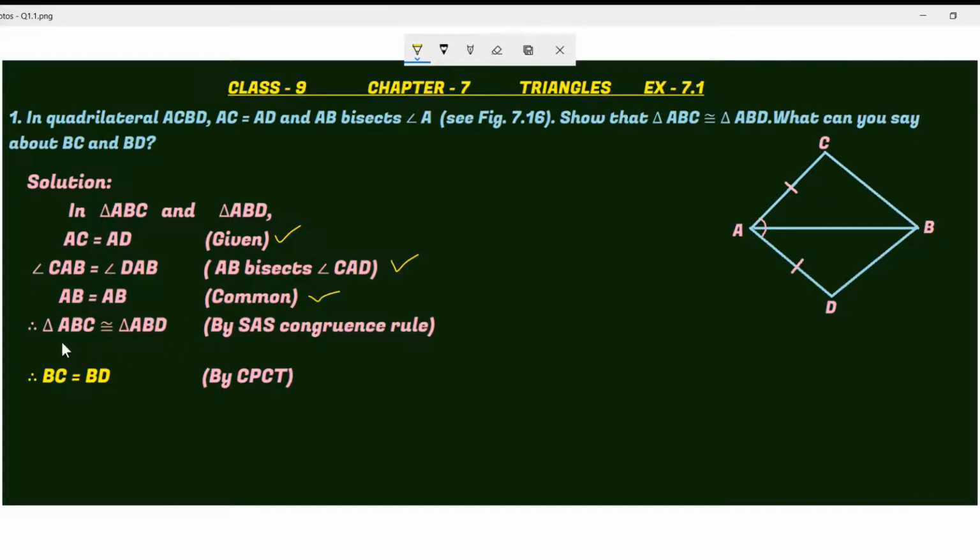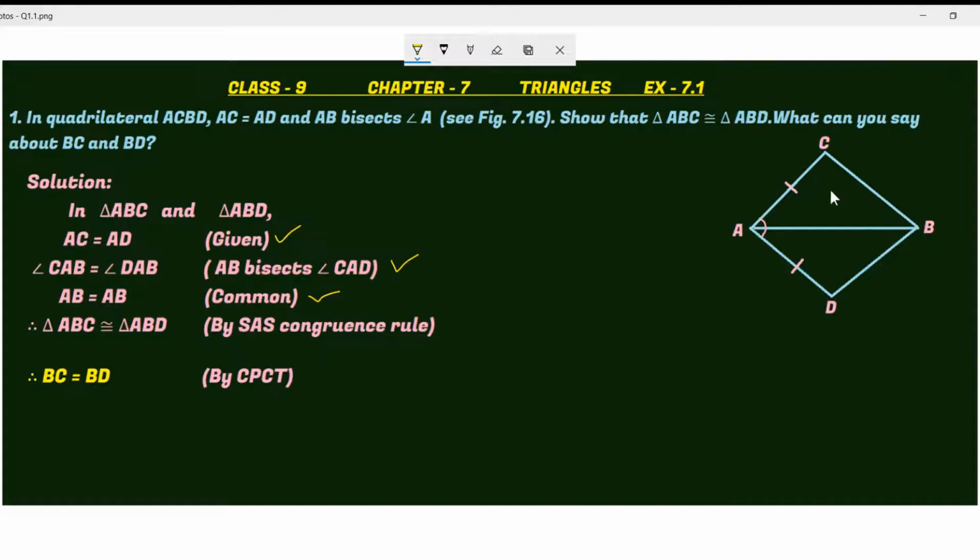Now we are proving by using the SAS congruence rule, because side, included angle. So by SAS we can say triangle ABC is congruent to triangle ABD.